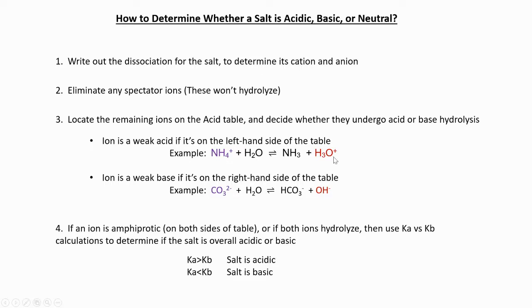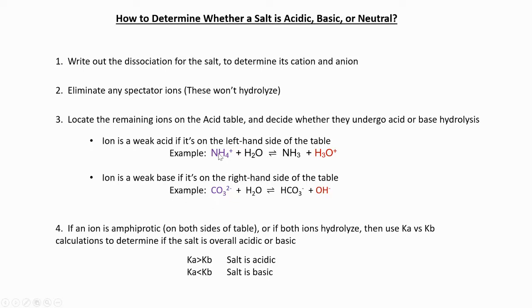This H3O plus being produced is going to disrupt the Kw equilibrium and make it more acidic. Same with CO3 2 minus. This is going to produce OH minus, so it's going to act as a base if we put it in water.